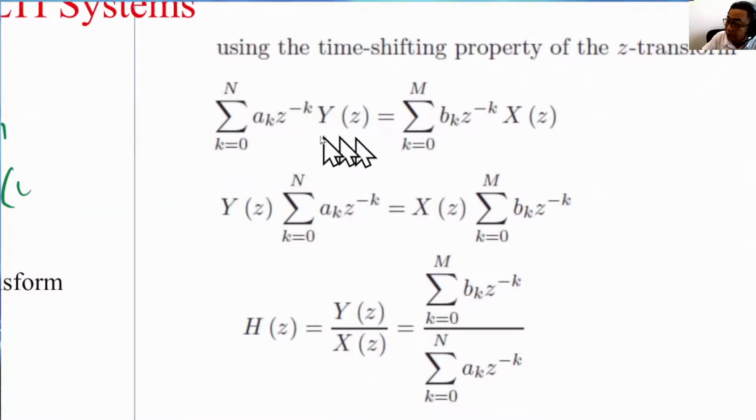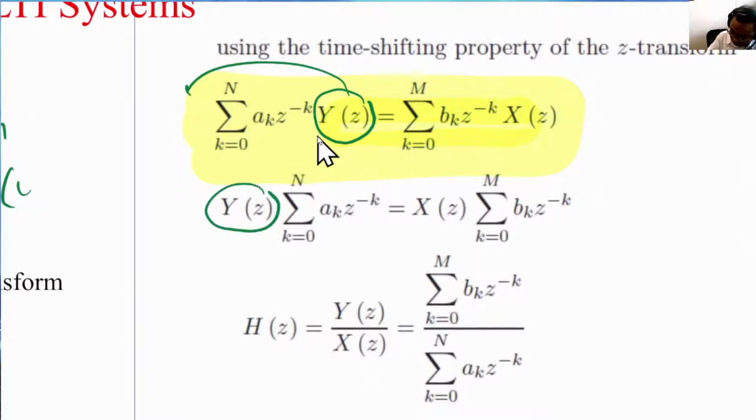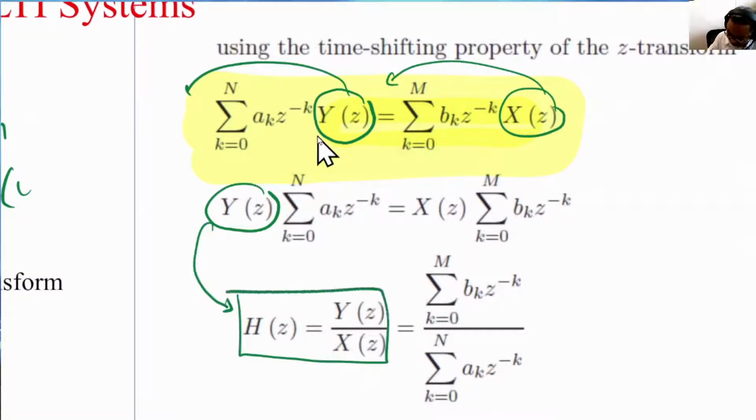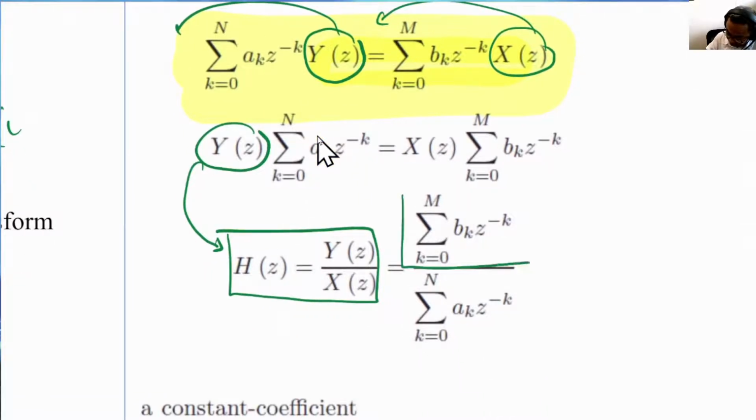So we have this step now where we are in the z domain of the difference equation. We bring the Y of z out and the X of z out as well, and we are going to figure out that H of z equals Y of z over X of z is simply the constant coefficients times z to the negative power associated with the index, divided by the same coefficients multiplied by z to the negative power.